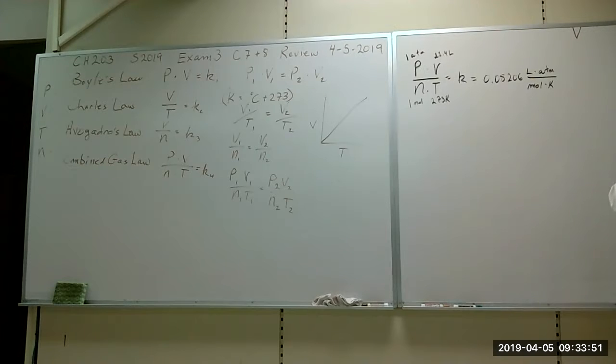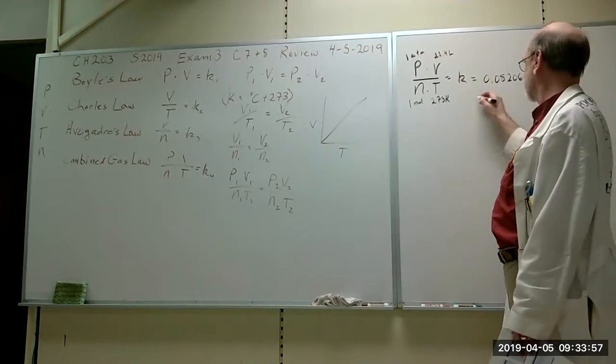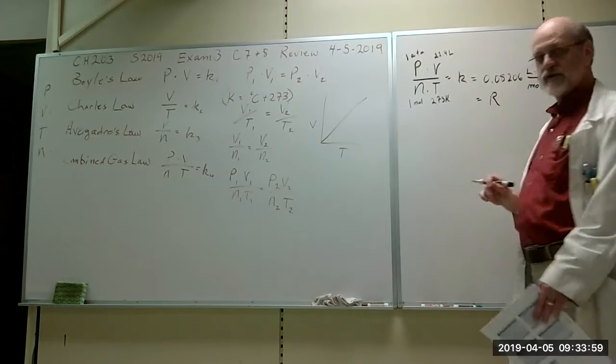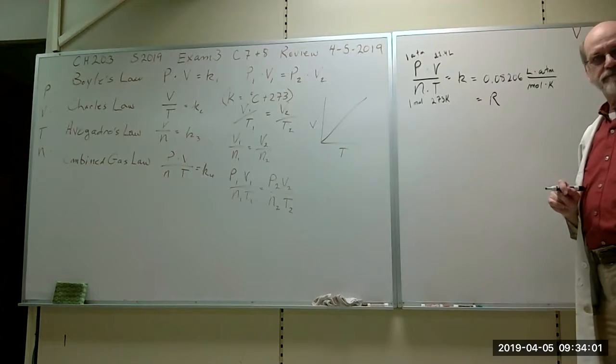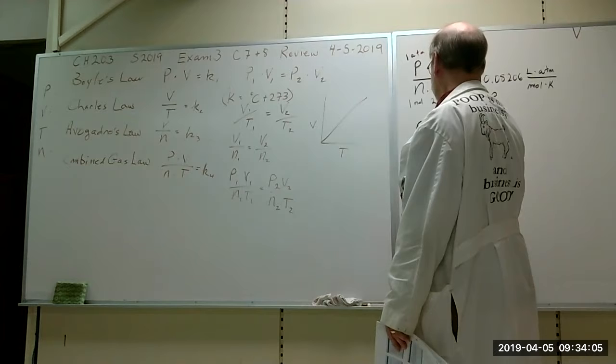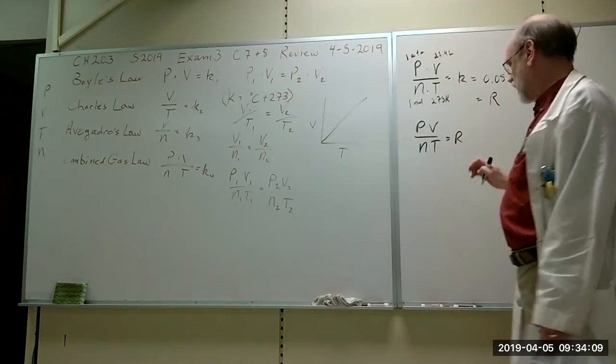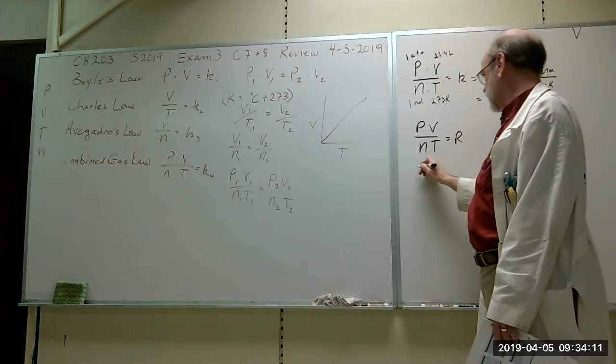All right. We give this one a special letter. It's the universal gas constant. So if we say PV over NT equals R, we usually solve it so it looks like this.